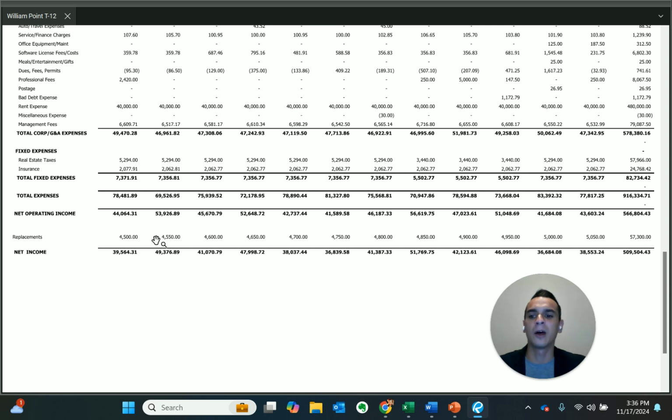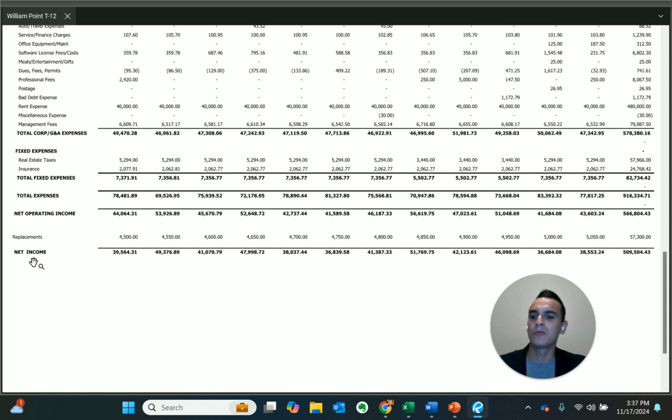If we have something below the line, which in this case we have replacements. So think of that as CapEx. If you have a new roof, if you have new windows, anything that's a replacement is going to be below the line because you don't want this affecting the net operating income numbers. So in this case, we have 57,300, and that gives us a net income.